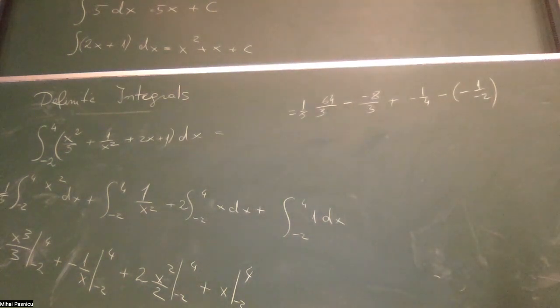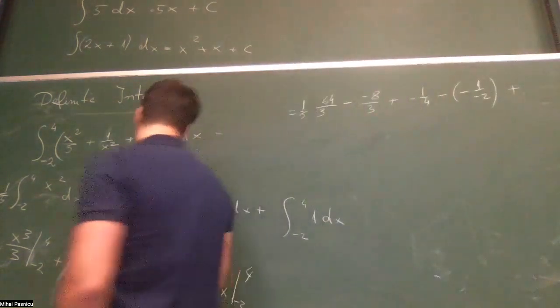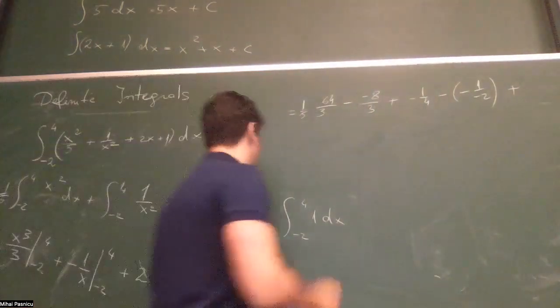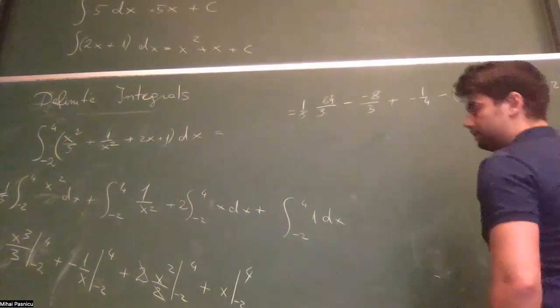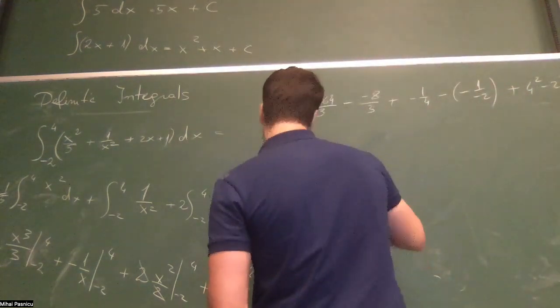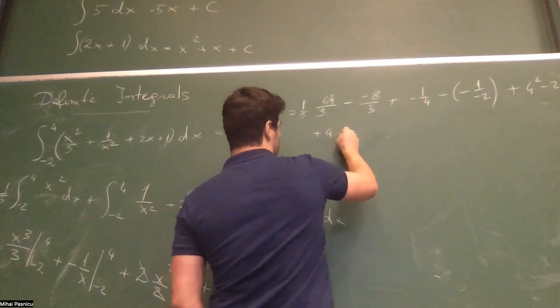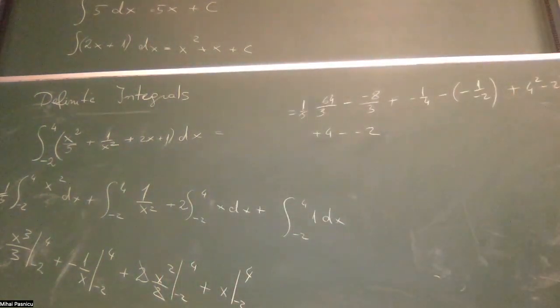I think I did it correct, I hope at least. Plus, this was correct, this is 4 to the power of 2 minus 2 to the power of 2, plus 4 minus -2.